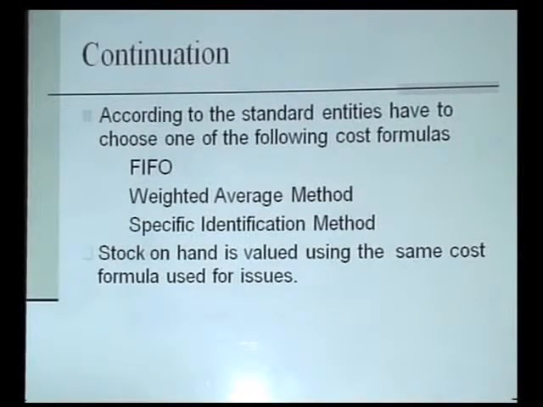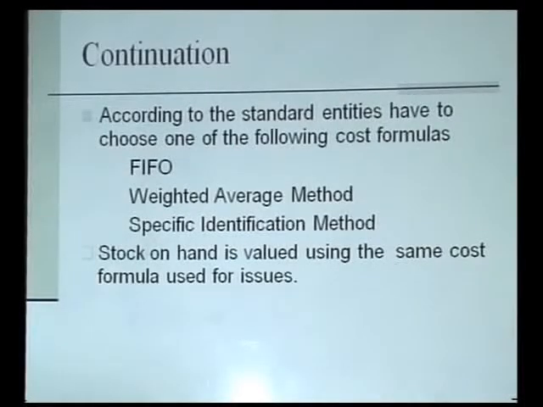The stock on hand is valued using the same cost formula which is used for issues. So these cost formulas are used for issue of inventories. Then the same formula is used for the valuation of unsold stock or stock on hand as well.